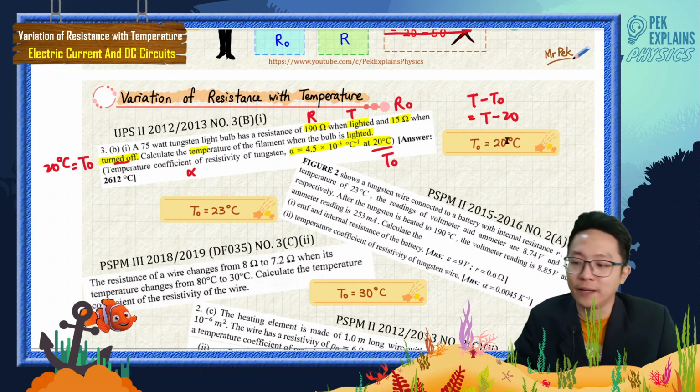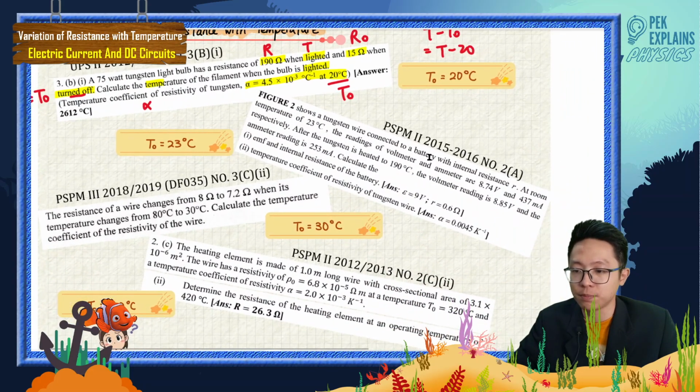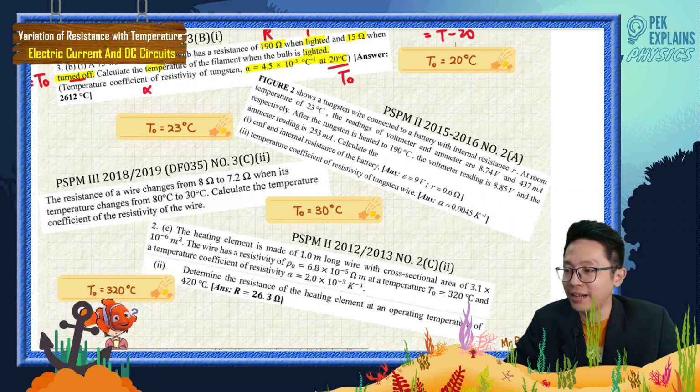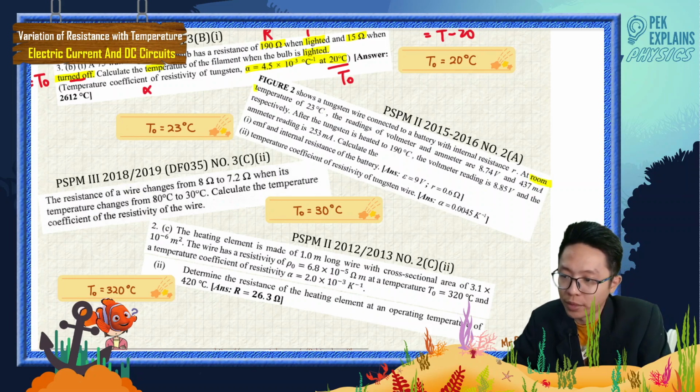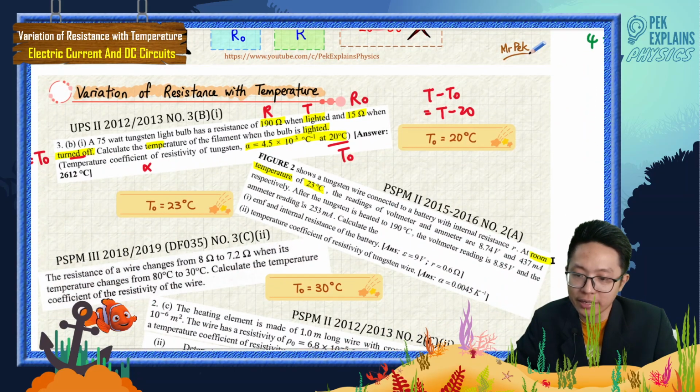Understand? Now, let us look at the second question, which is PSPM 2015 and 16. This tungsten wire is connected to an internal battery with internal resistance at a room temperature of 23 degrees Celsius. You see, the keyword here is special: the room temperature. As I said, what is room temperature again?